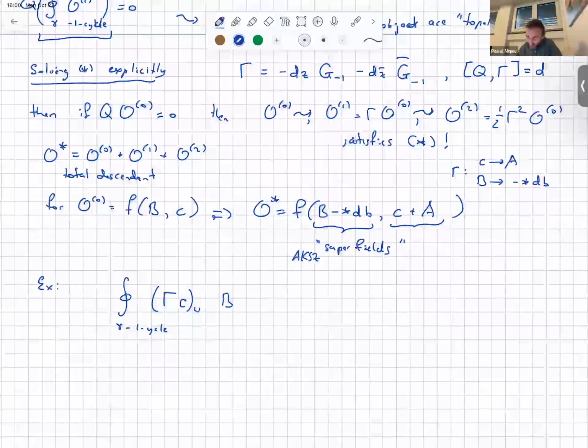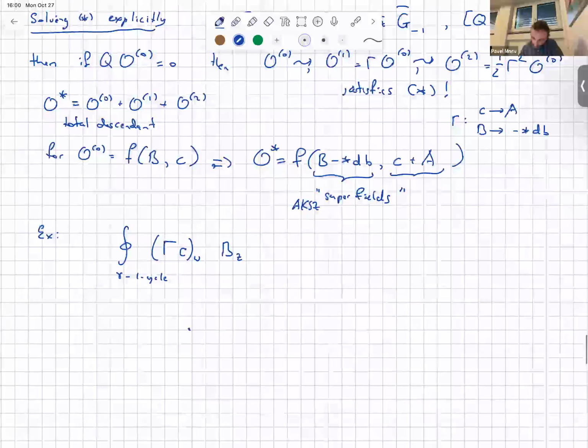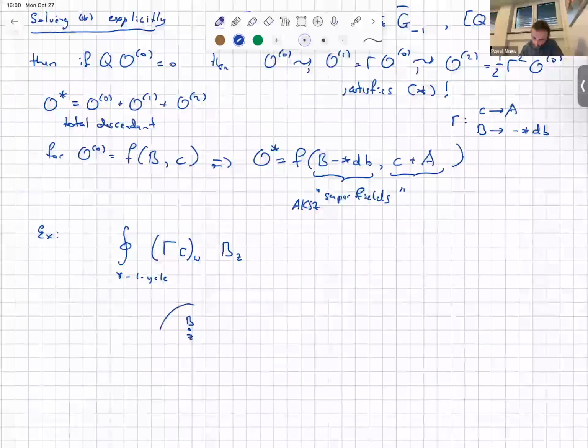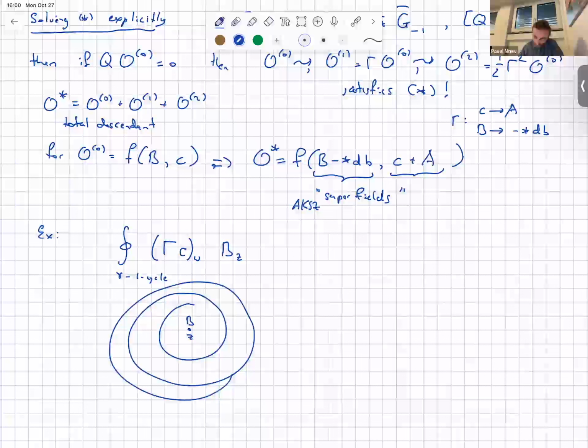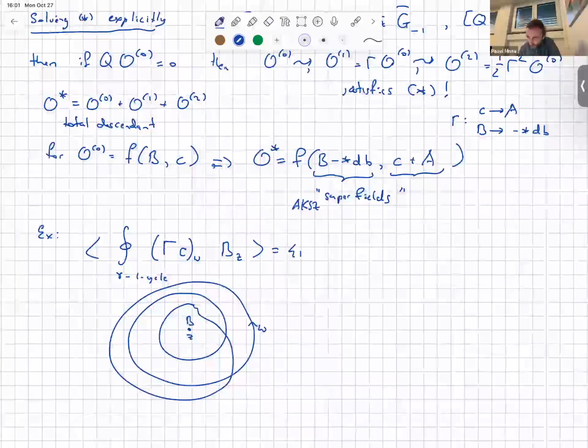And I also take another zero observable at a point Z. So, I have a field B at the point Z. And I also have some one cycle for the point W, which I want not to intersect the point Z, not to pass through the point Z. So then such a correlator is actually equal to 4 pi times the winding number.